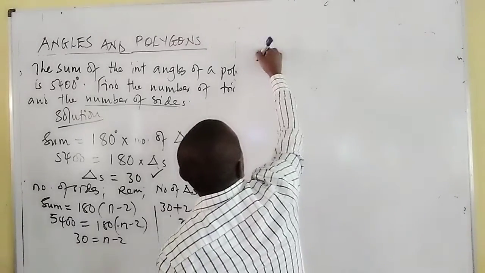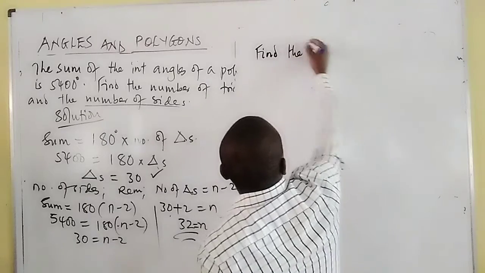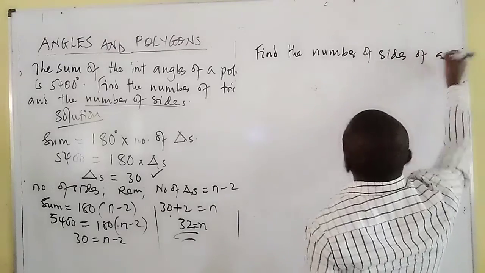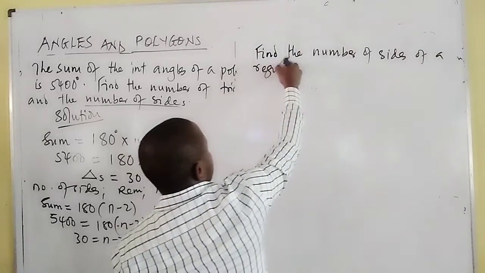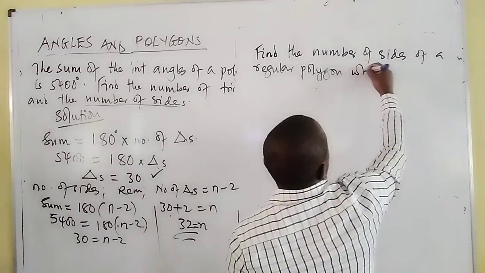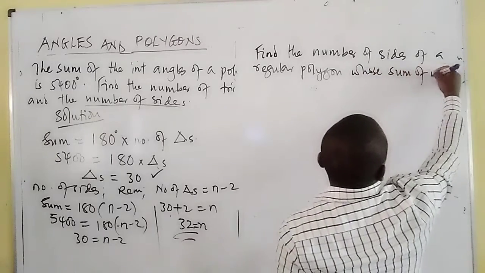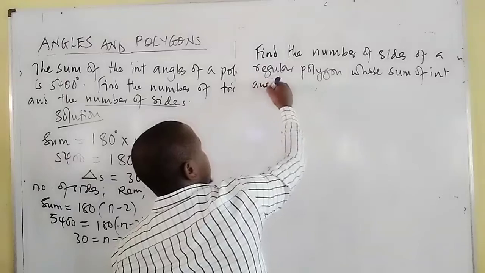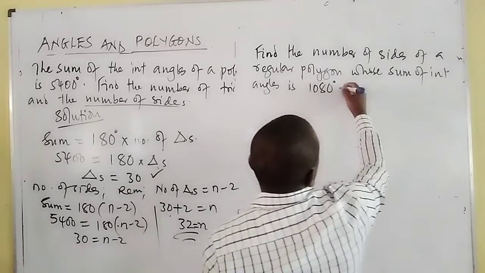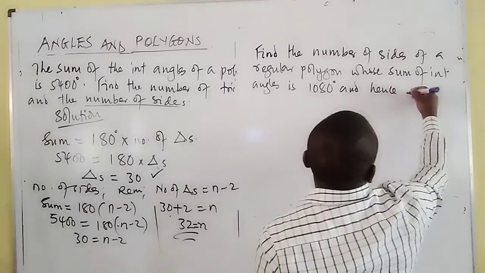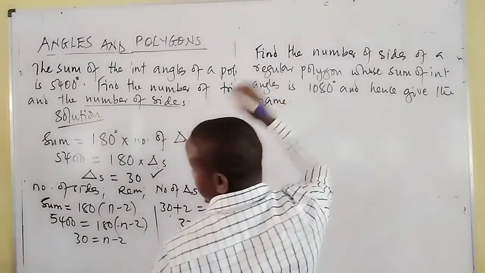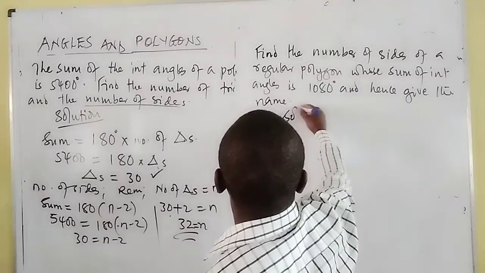Find the number of sides of a regular polygon whose sum of interior angles is 1080, and hence give the name. Solution.